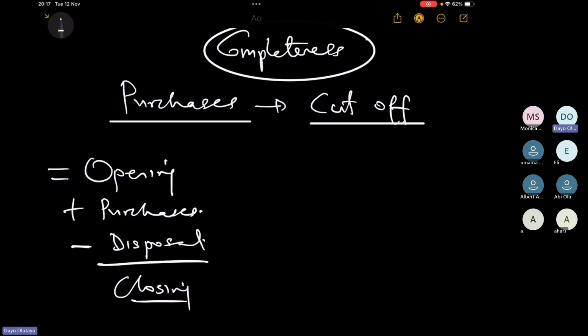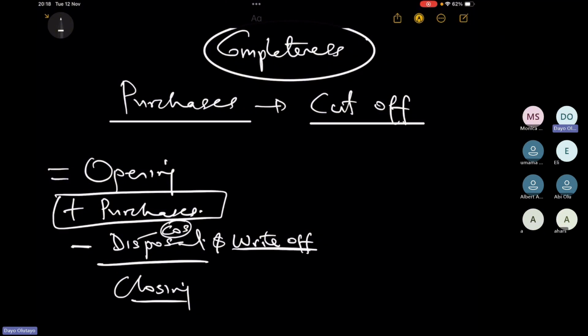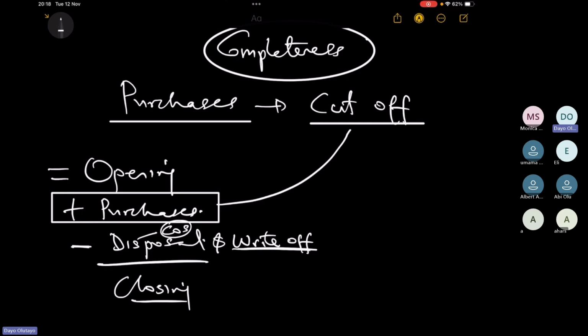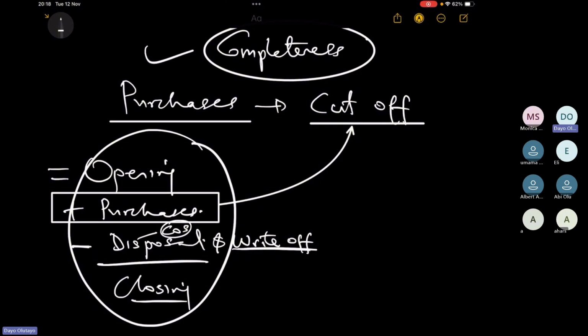You might also have a write-off, disposal and write-off. So if there's a write-off, you'll see it there. This disposal is your cost of sales, and this write-off is the damaged inventory. But what we're talking about now is purchases, and I said you must test for cutoff. Because when all of this is done, then completeness can be ticked off.